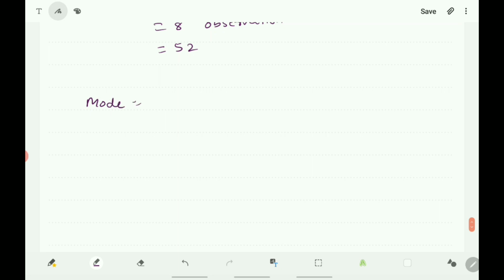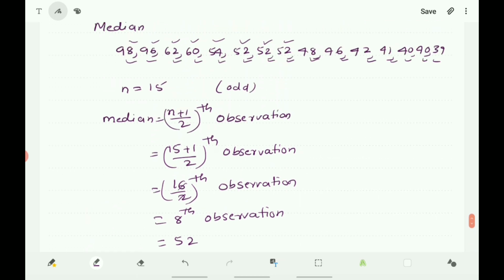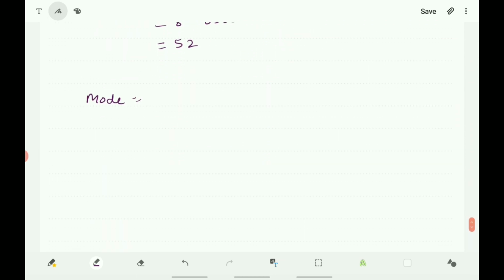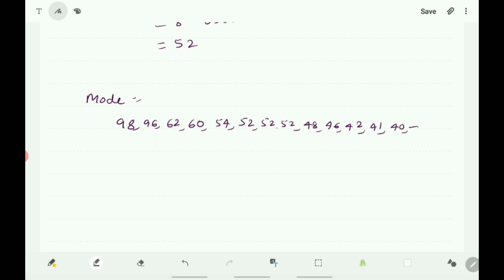Mode means the most repeated observation. Before that, you arrange the observations in the descending order, that is 98, 96, 62, 60, 54, 52, 52, 52, 48, 46, 42, 41, 40, 40, 39.